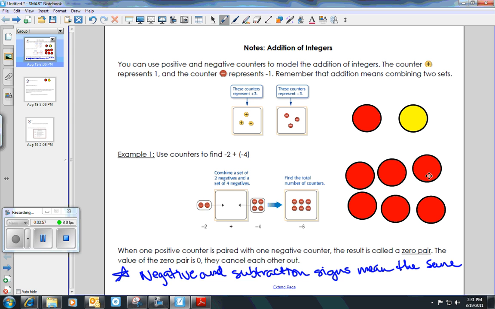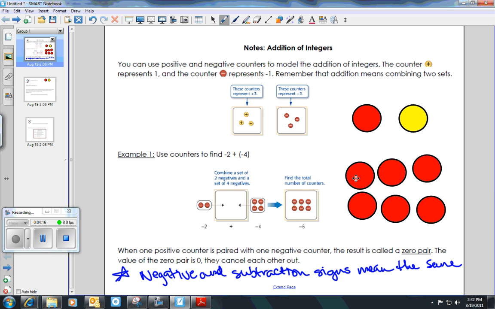My result is that I have 6 negative counters then. So -2 plus -4 is -6. Okay? That's pretty simple as far as addition of integers.